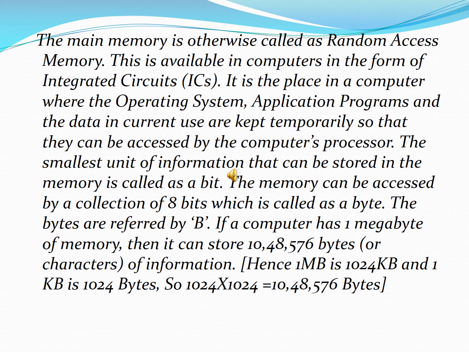The main memory is otherwise called random access memory. It is available in the computer in the form of integrated circuits. We already studied in the generations, I think the third generation used integrated circuits, IC chips. Yes or no?